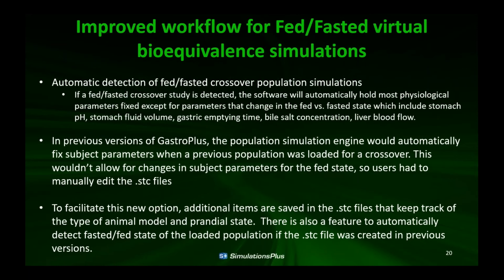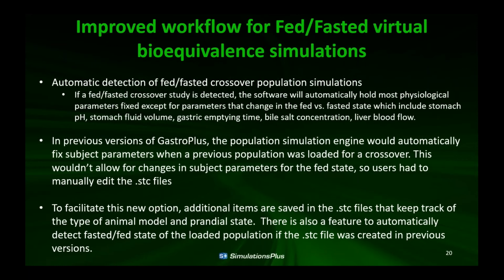That means the stomach pH, stomach fluid, all these parameters listed above. So to facilitate these new options, with this new version the STC file will also save the animal species and the prandial state.